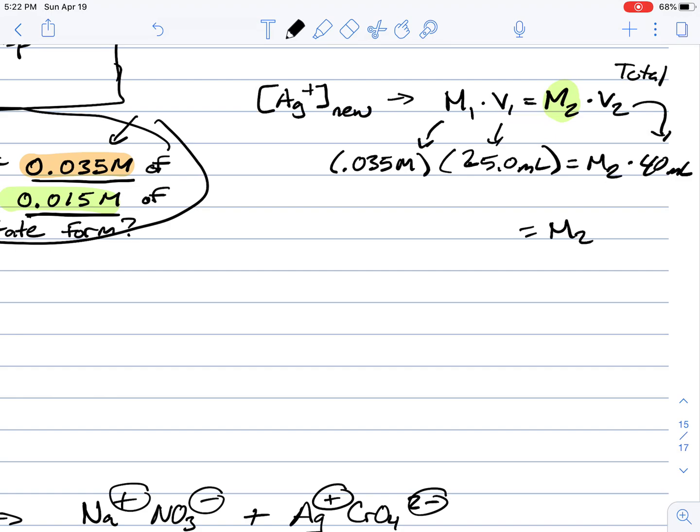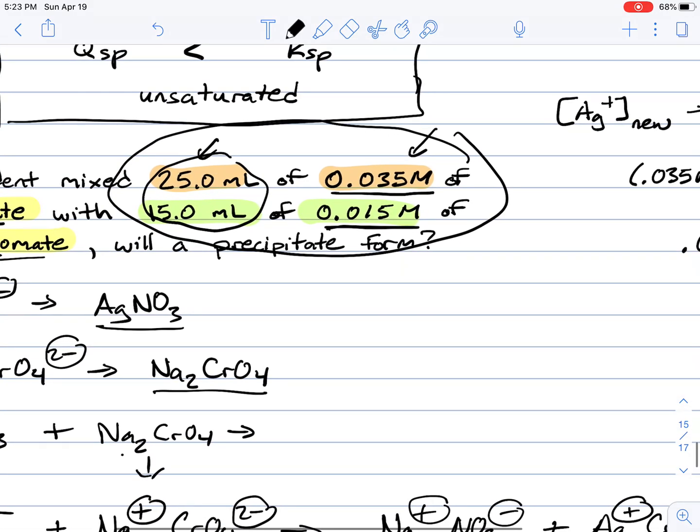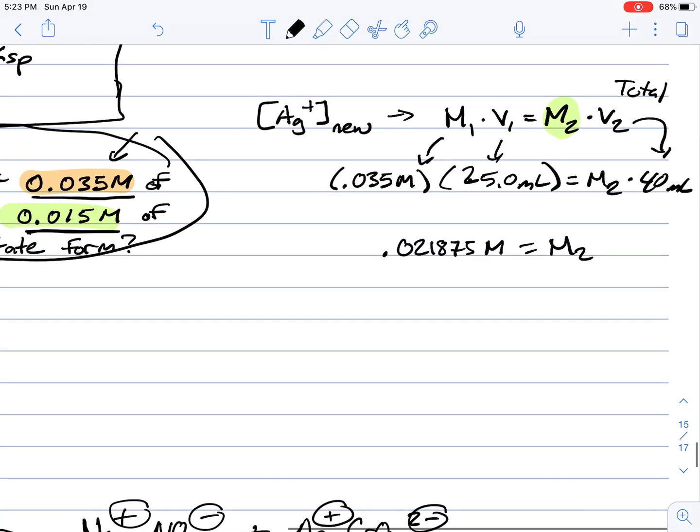And the concentration that I get is 0.021875 molar. So looking at our sig figs, 2 sig figs is my least if I'm looking at my original values. And so I'm going to just keep the first 2 significant digits. So the new concentration of my silver is 0.022 molar.